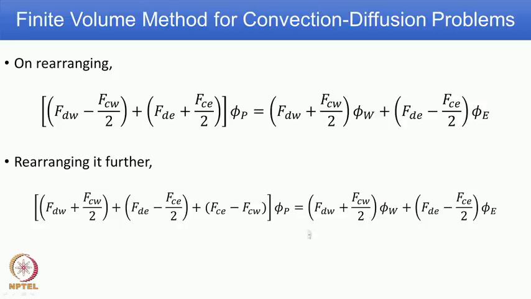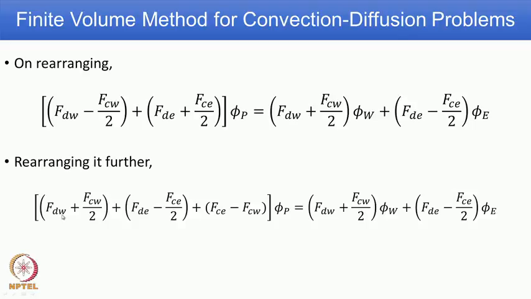Now, if you observe terms on the right hand side, for example, the coefficient for phi at W has a term F_Dw plus F_Cw by 2 and you are able to observe a similar term appearing as one of the coefficients on the left side, right.